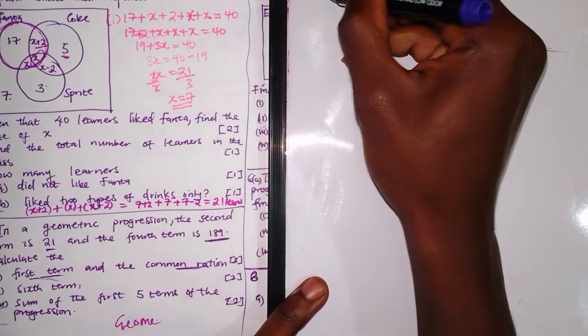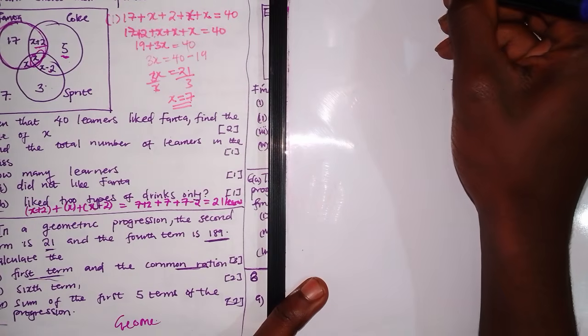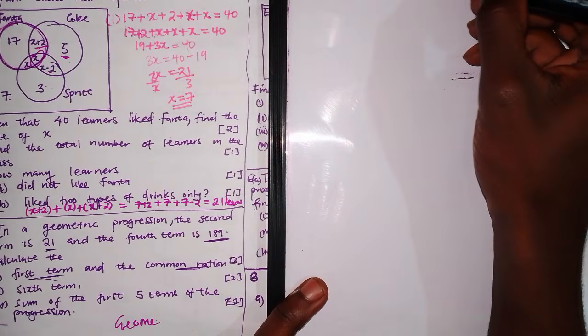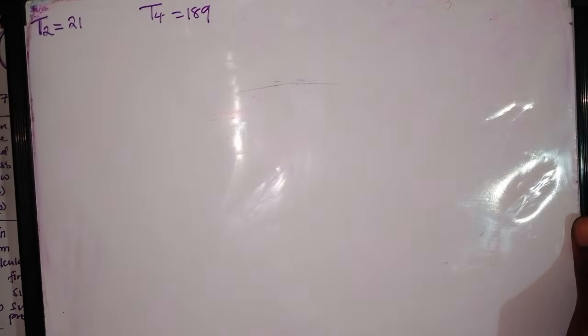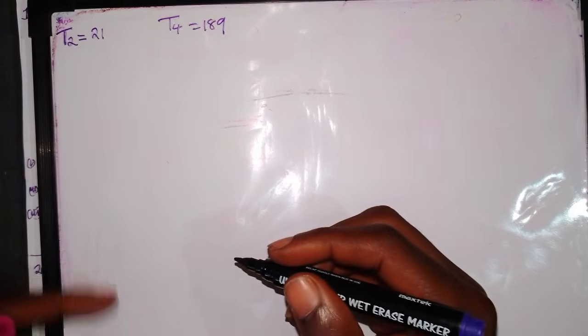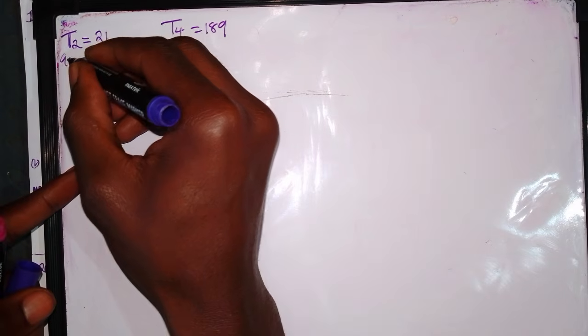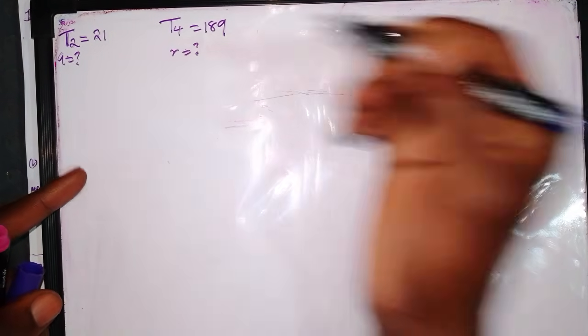Our second term is 21 and our fourth term is 189. So that's the first step. Here our goal is to calculate the first term and the common ratio, which is represented by R.